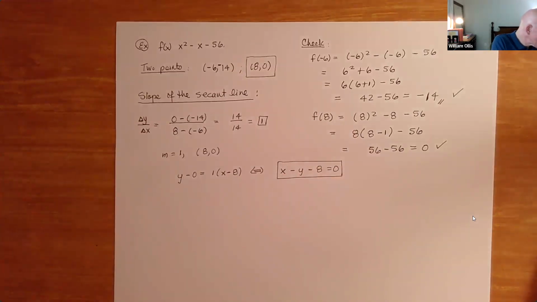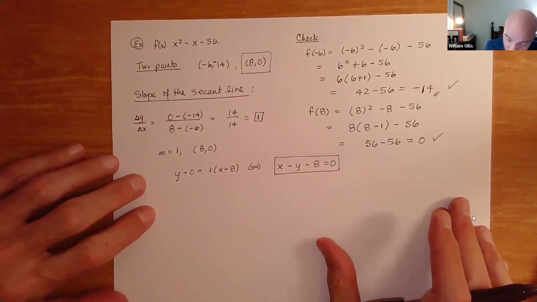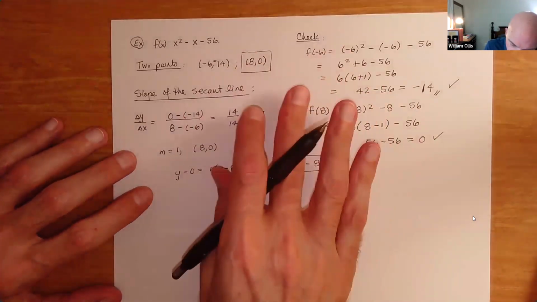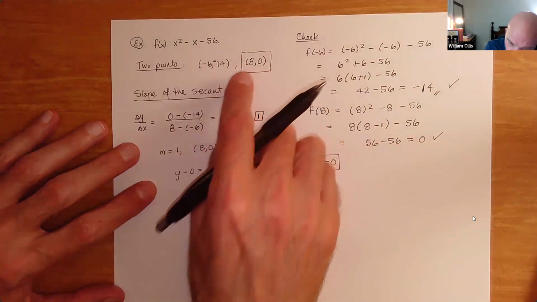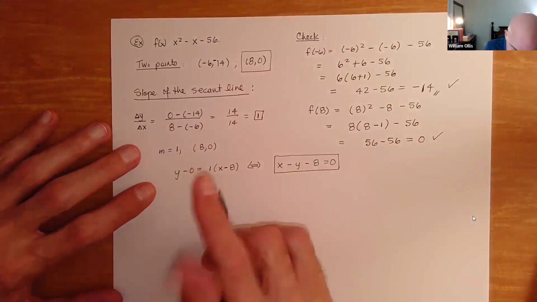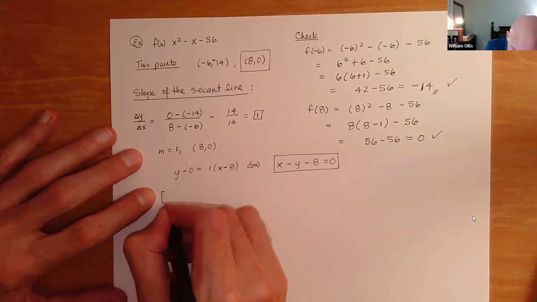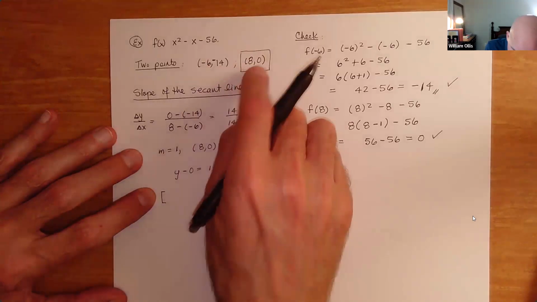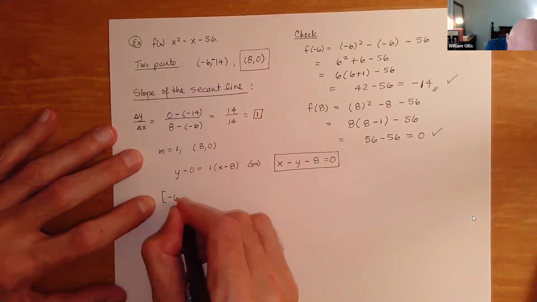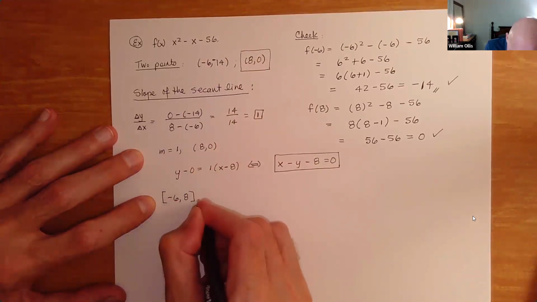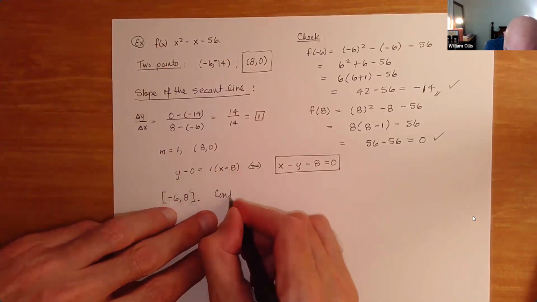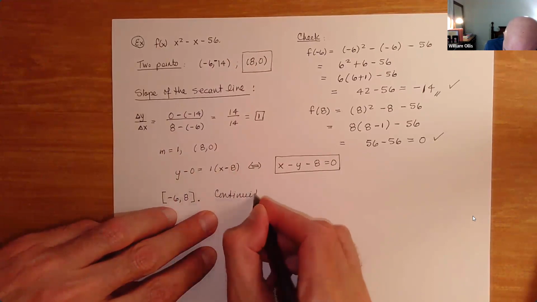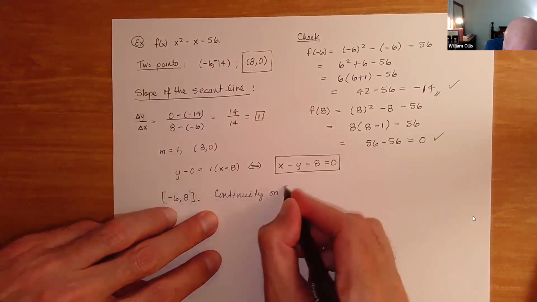And then in the next situation, we want to find the actual tangent line that has the same slope. But now what we can do is just go back to the original here and make some allusions to the hypotheses. We have the closed bounded set, -6 to 8, and we have a nice quadratic function. So we have continuity on the closed bounded set.